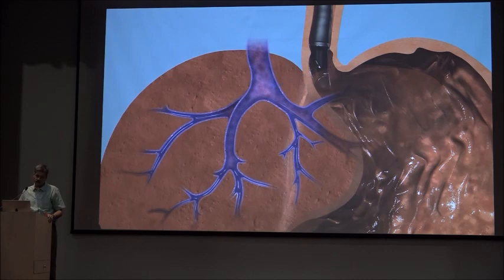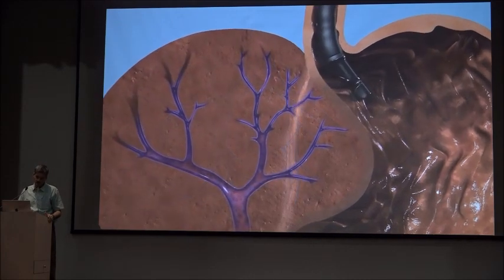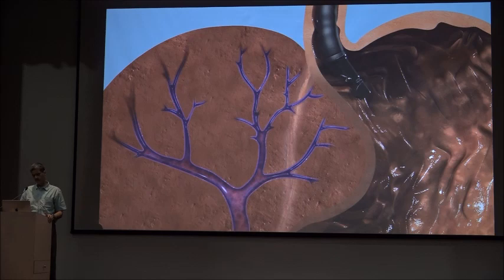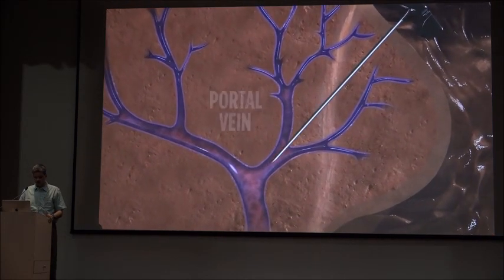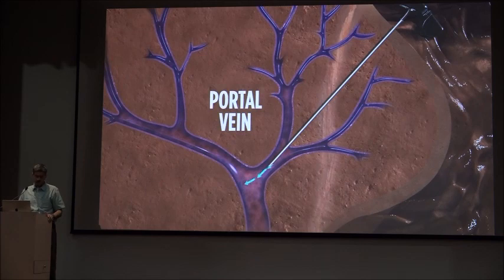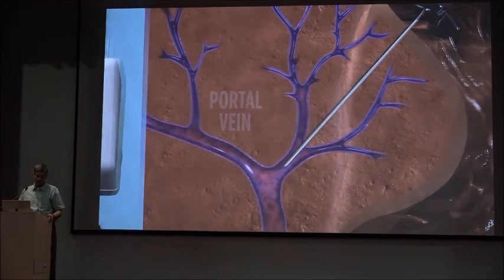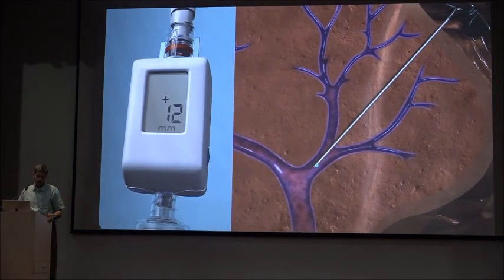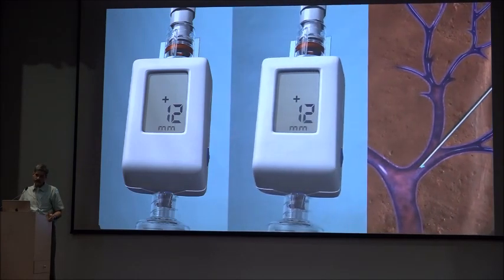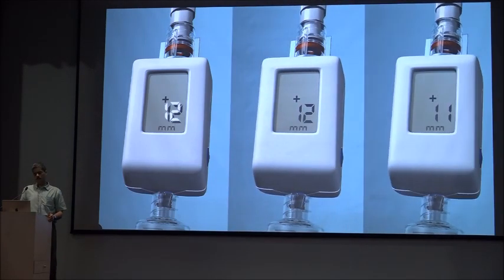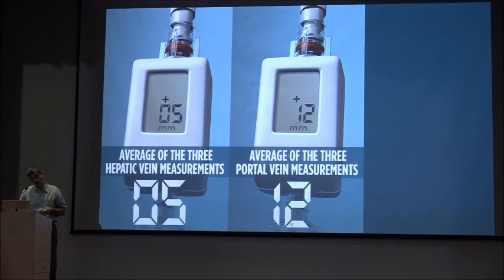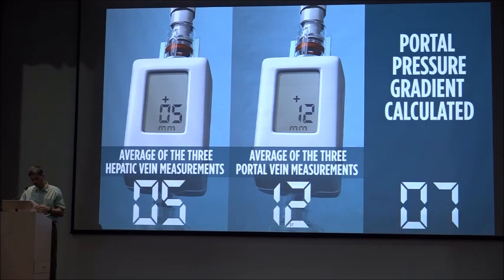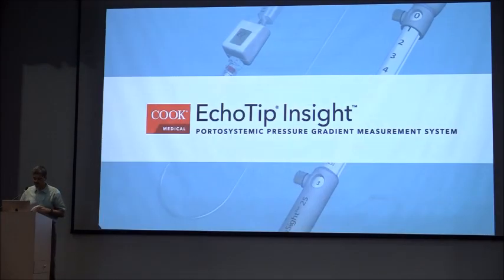Then a second puncture is made into the portal vein, and now we measure the portal pressure once, twice, and then thrice. Unlike free minus wedged hepatic pressure, EUS guided portal pressure measurement is just the difference, and in this case it is 7.